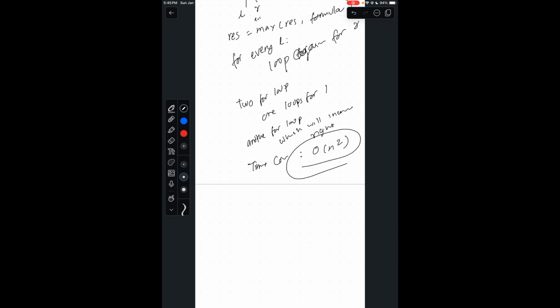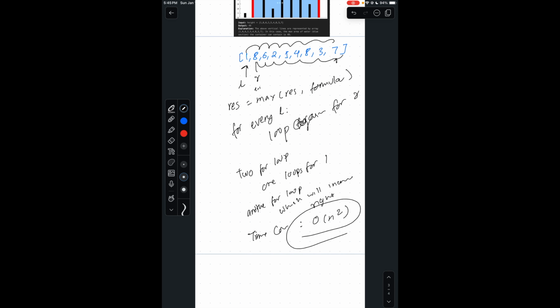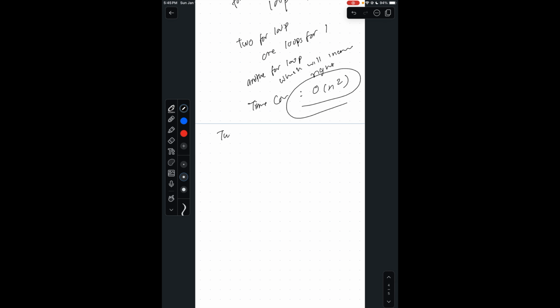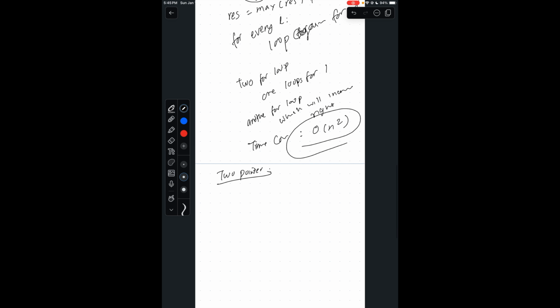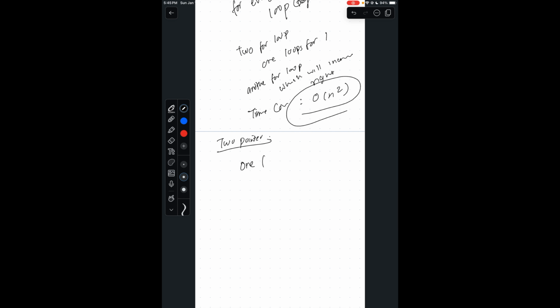So what we can do to make this better? Since we are using two pointers and two for loops, one for each pointer, why don't we use the two pointer technique? The two pointer technique basically is, instead of using two for loops for each pointer, use one for loop and change both conditions.